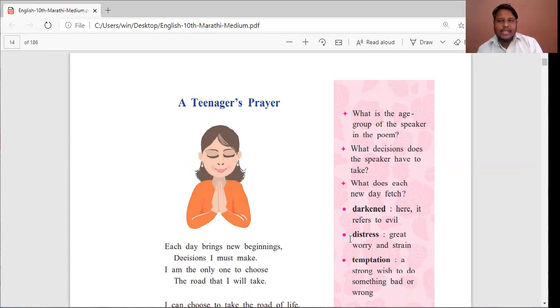Teenage is the age group between 13 and 19. Whichever children, boy or girl, come between 13 and 19, we call them teenagers. Like your age, some students are there, some guys are there, and for them we use the phrase teenage.